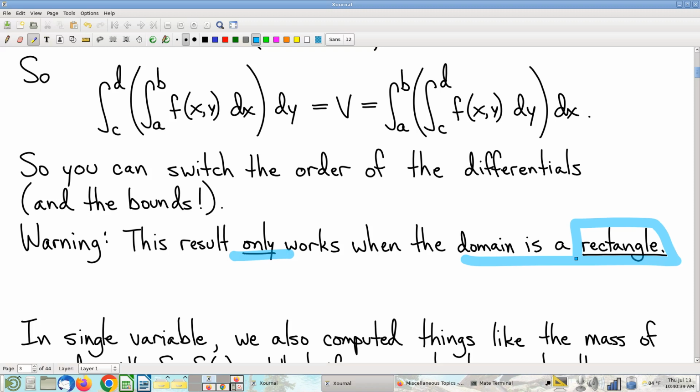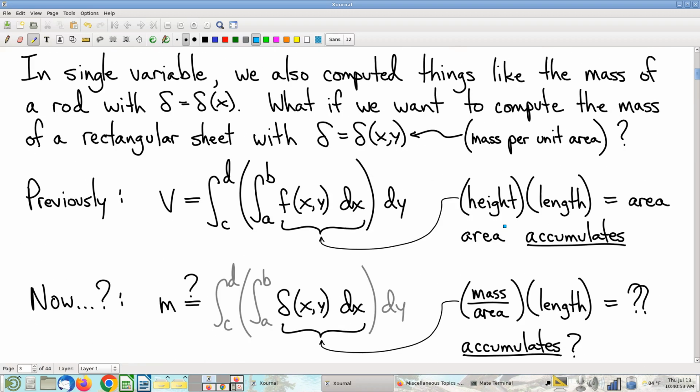But it will not always be. We're going to consider non-rectangular domains. And when we have non-rectangular domains, this doesn't work anymore. Okay. All right. Okay. Now here's a temptation that's going to fail. Here's some bad news.